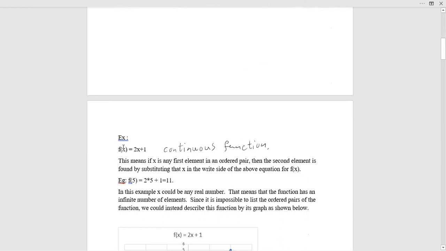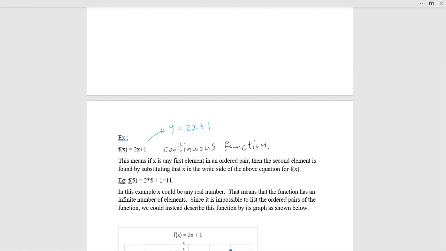This is the example for that. Let's take this one, f of x equal to 2x plus 1. This is a continuous line. This is the same as y equals 2x plus 1. Now, if you do this, y equals 2x plus 1, it is continuous.